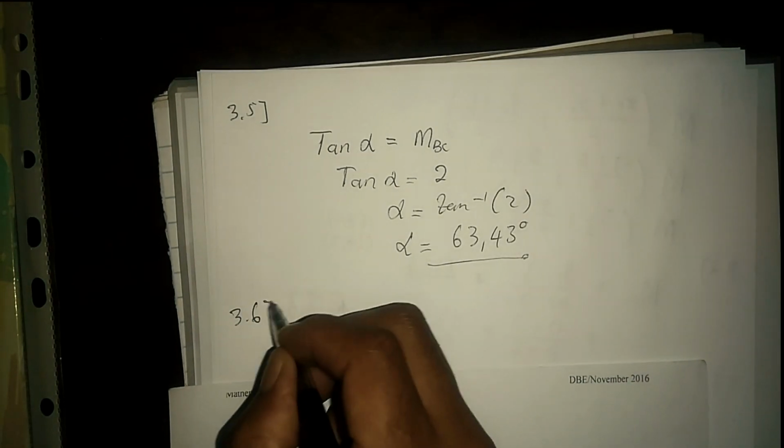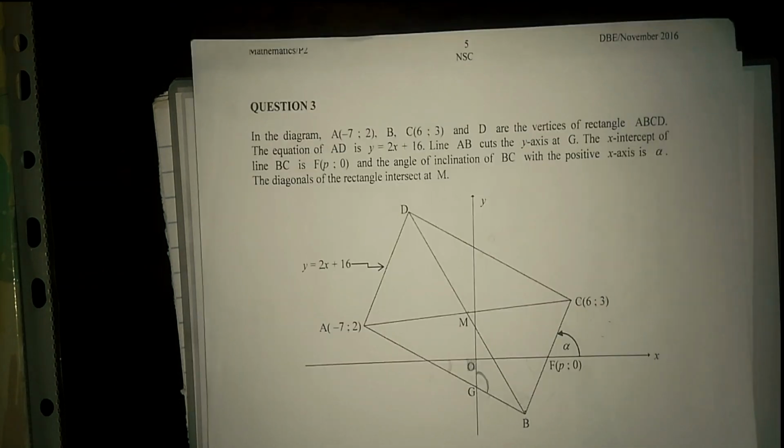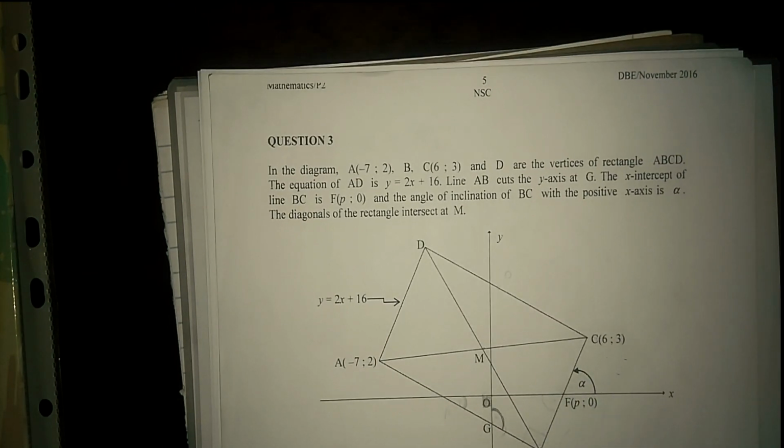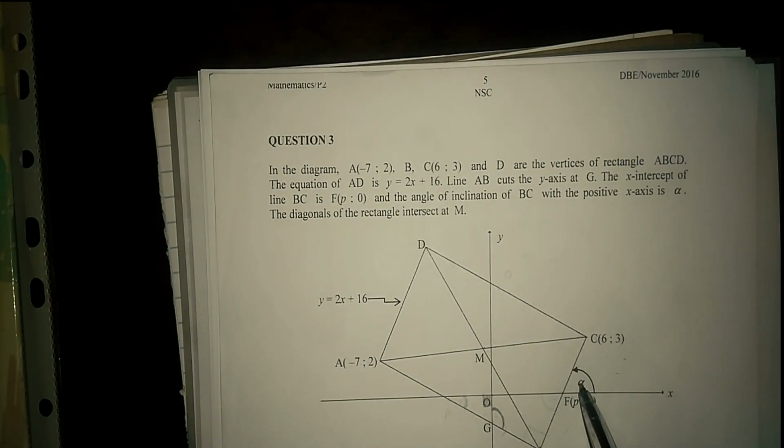Now 3.6, the angle is equal to alpha. So what can we call this angle?